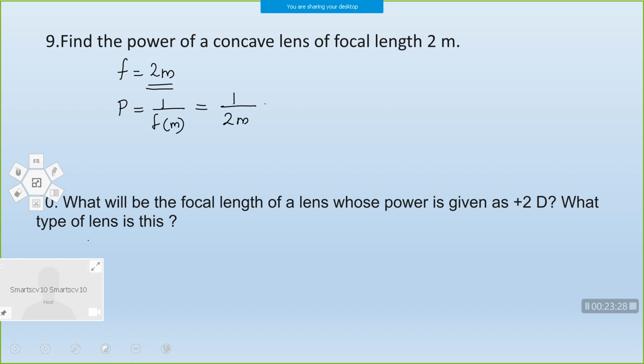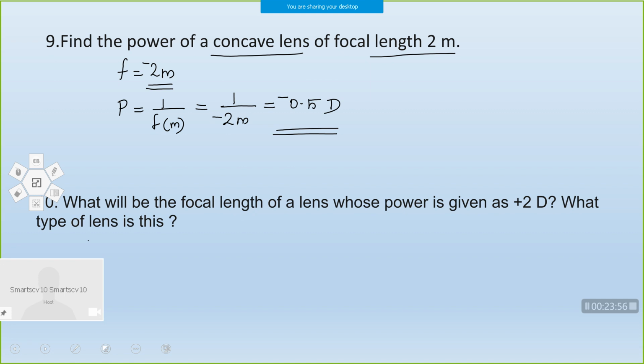So 1 by 2 we will get 0.5 diopter. And what sign can you give? Here it is given that it is a concave lens, so what will be the focal length? Focal length will be negative. So when you substitute focal length you will get a negative sign, so power also you will get negative. It is minus 0.5 diopter.